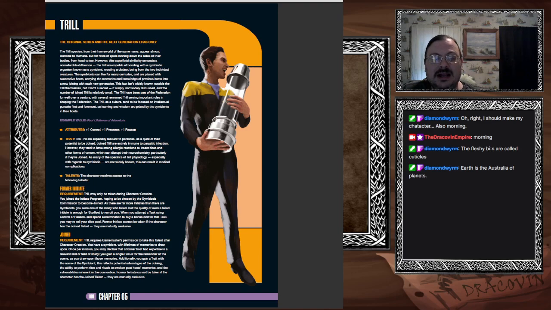The thing about them is these symbiotes allow them to share memories and knowledge from previous hosts with the new ones. There's not a large number of joined Trill, basically those that do join with a symbiote. There are plenty of Trill out there, but very few of them actually join with a symbiote.